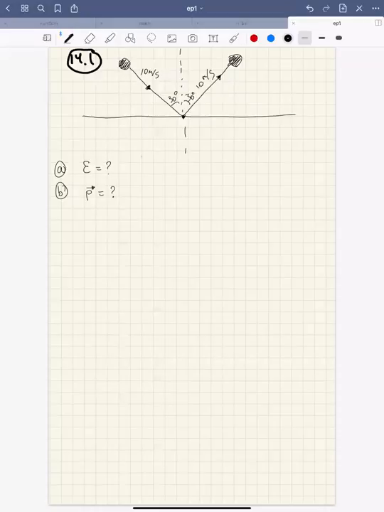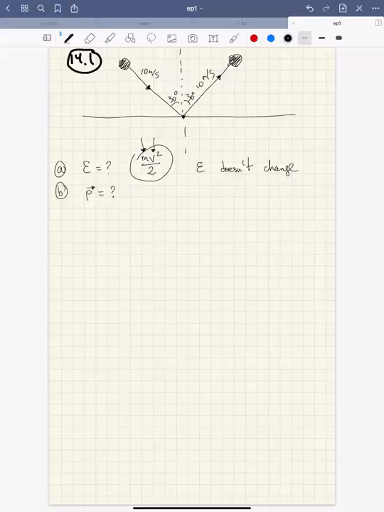You know that the energy is mv squared over 2. And when this tennis ball bounces, its mass doesn't change, the speed doesn't change, so the energy doesn't change. That's the answer to part A. Energy doesn't change.